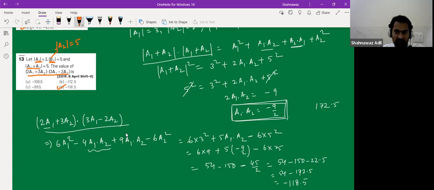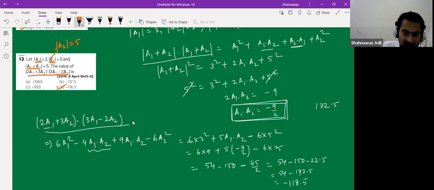Okay, you have a doubt. Yes, sir. Here, for A1 dot A2, why can we not directly substitute 3 and 5 in place of A1 and A2?